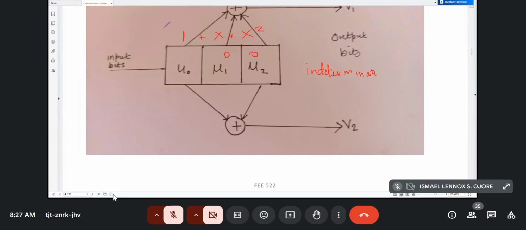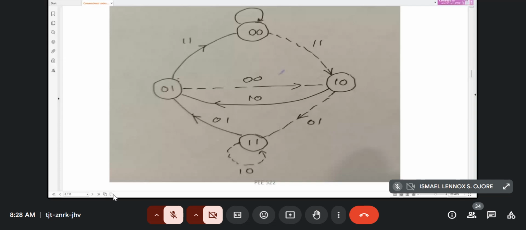We saw when you put a 0, what you get. But suppose it was a 1. If it was a 1, it means the state is moving from 0, 0 to 1, 0, because this will come here and this will come here. The output will simply be 1, 1, because 1 plus 0 plus 0 for here, and 1 plus 0 for here, it will still be 1, 1. That's why we have this. It will go to 1, 0.